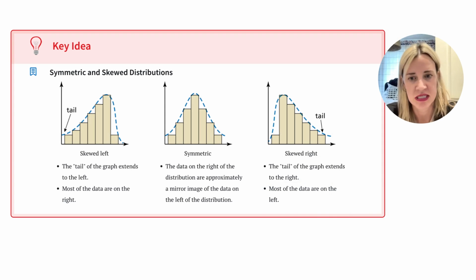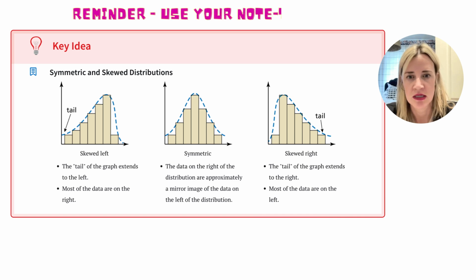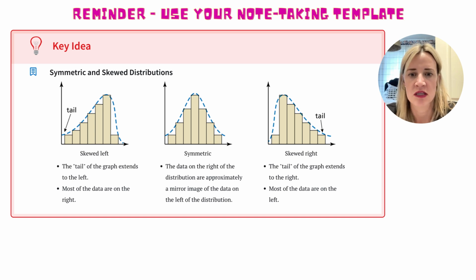Once you have your data in a histogram, we can decipher these graphs and decide whether the data is symmetric or skewed. We have skewed left, which means the tail of the graph extends to the left, and most of the data is on the right. So it's key to look at that tail.